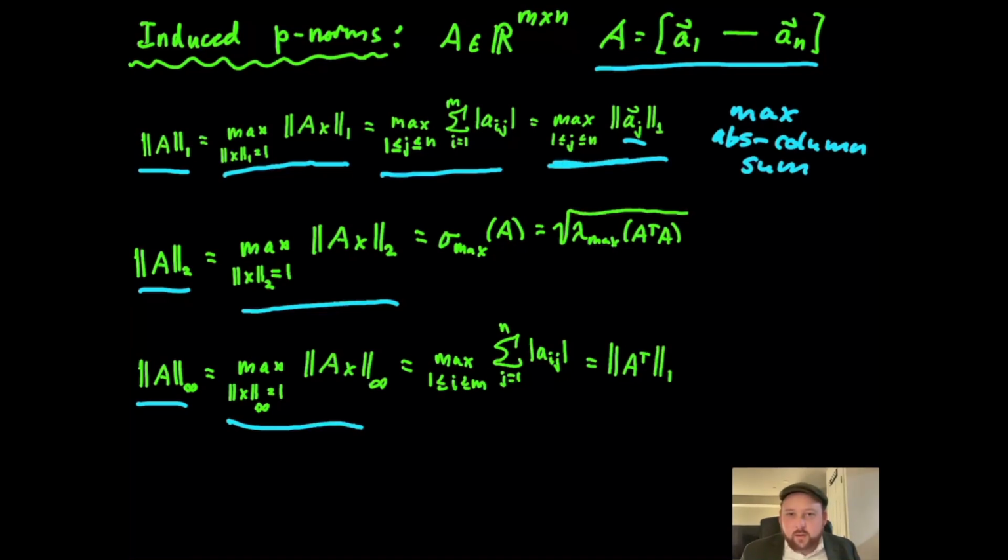You could show from the definition of the induced matrix 1 norm that this is equal to the max absolute column sum.